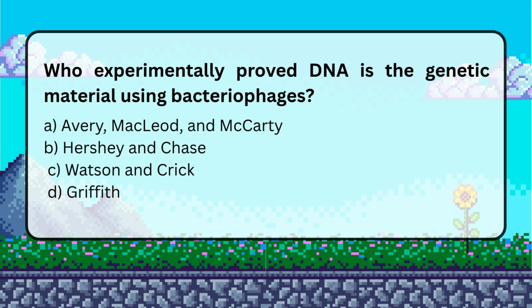Hershey and Chase experiment. So yes, Hershey and Chase used radioactive labels to show that only DNA, not protein, entered the bacterial cell, proving DNA carried genetic information. So Hershey and Chase, this option is going to make sense.